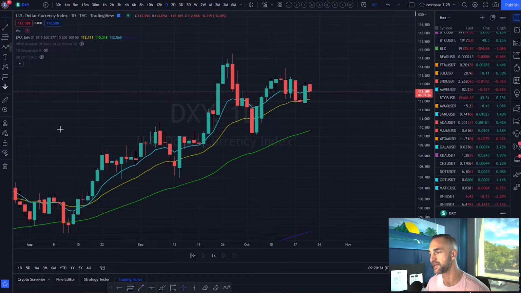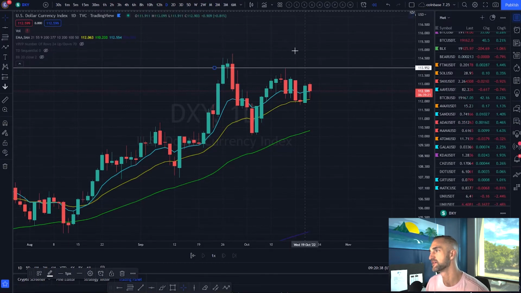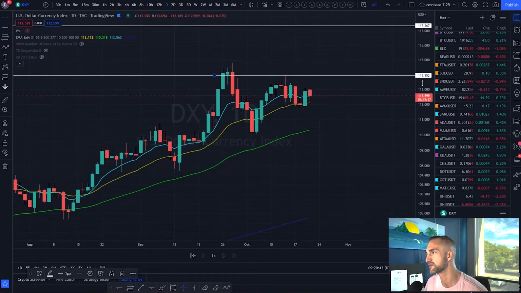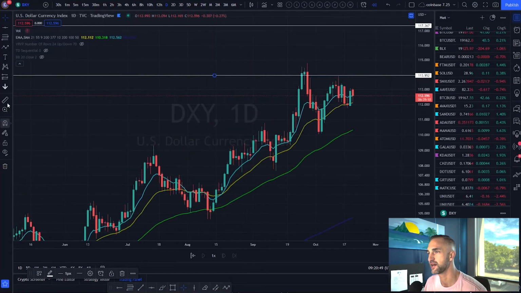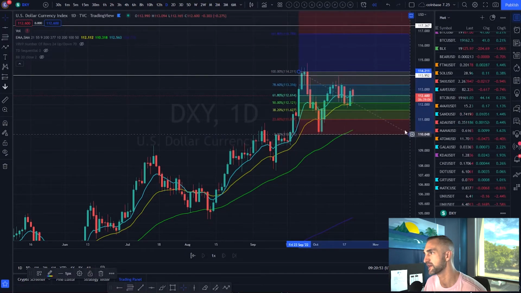So another big indicator that that next move is taking off would be a daily closure above, call it 114. I'd be looking for the dollar to make some new highs and head up to that target of 117. How did we get that target? I believe it's off of this retracement.